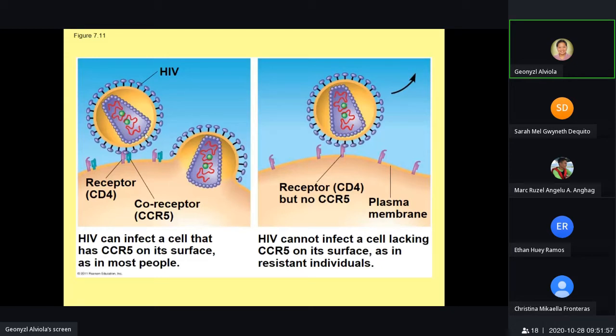And katong tao na nagkasakit sa COVID-19, ang ilahang mga cells na apektuhan. So, naa sila'y affinity sa virus. So, ang virus nakasulod sa cell. So, mao ni nahitabo sa mga taong nagkasakit sa COVID-19.